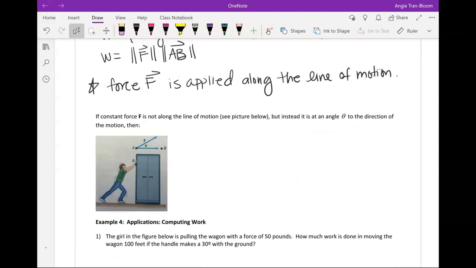Now, what if the force is not horizontal? What if the force is not along the line of motion? For example, if we were moving something and we were pushing it upward or downward.